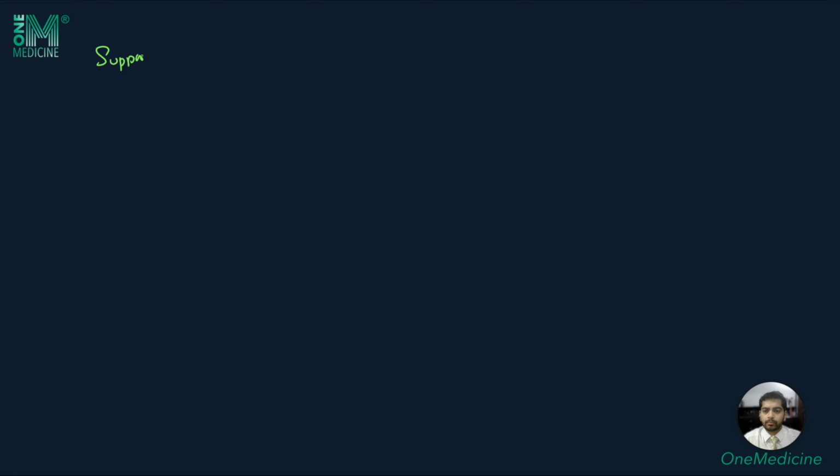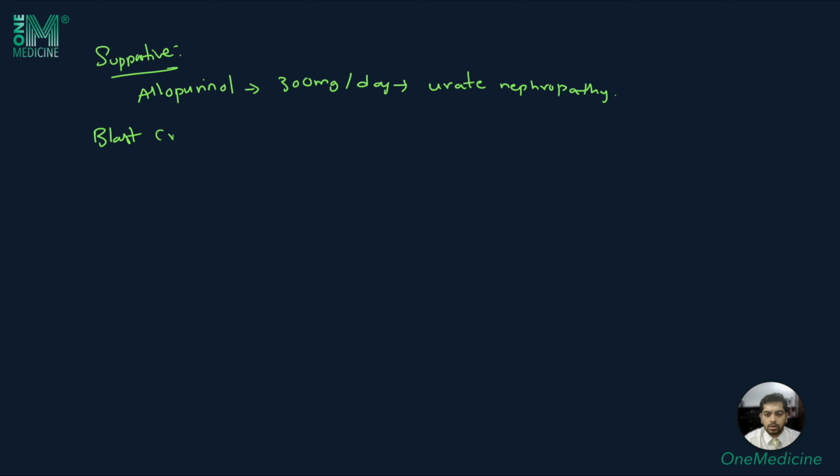Supportive therapy includes allopurinol at the dosing of 300 milligram per day, which prevents urate nephropathy. In patients in blast crisis, imatinib can be used, but the response rate is not sufficient.